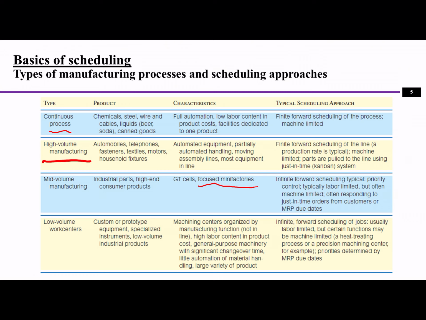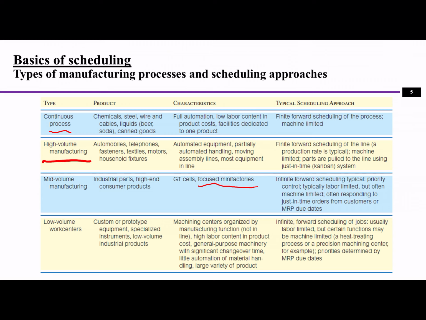The next one is the low volume work centers. Compared to mid volume manufacturing, that's even more customization, and the volume is a lot less. In this case, usually that's prototyping equipment, or making a certain kind of model, or even project based production.